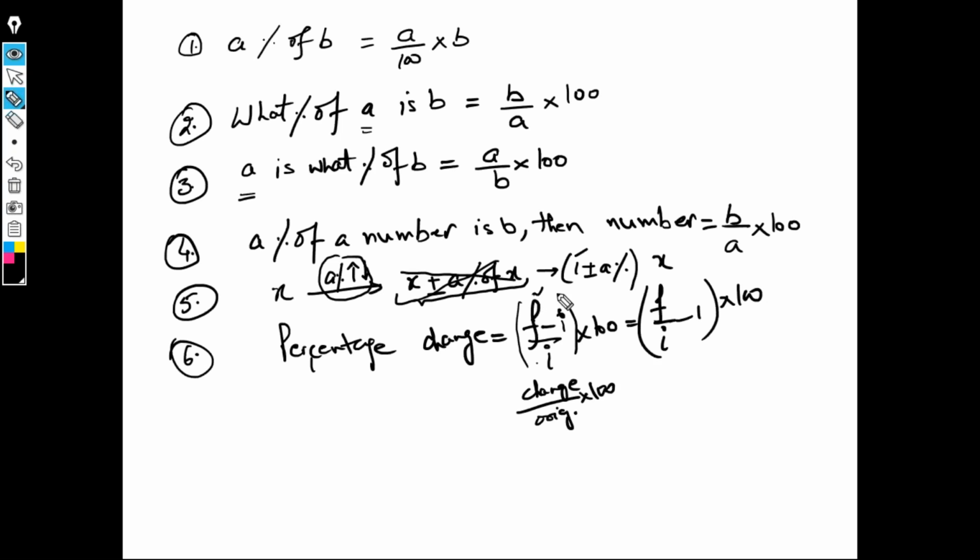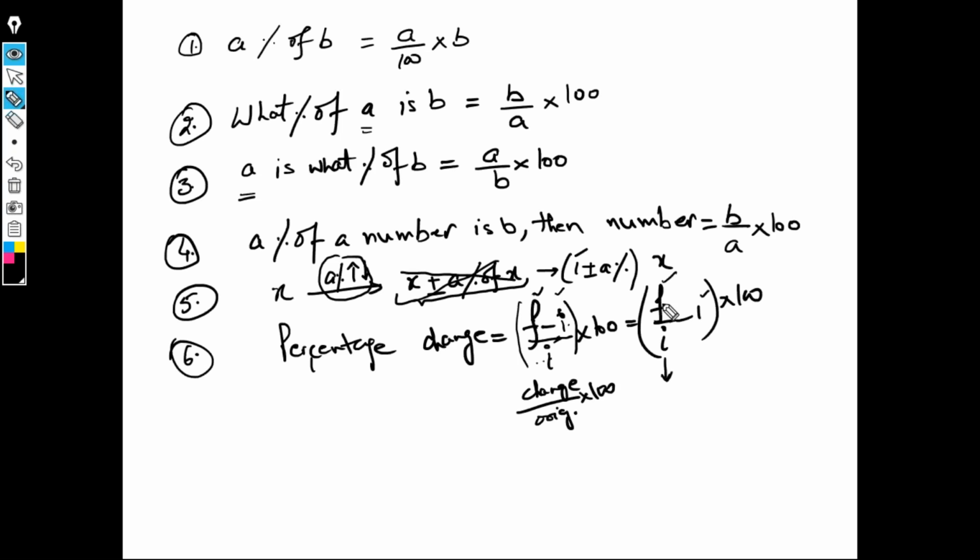Like if I separate both the values, so F upon I minus it is I upon I. So I upon I will be equivalent to 1. So please always keep in your mind that in order to make your calculation easier, we also focus on using this relation wherein the ratio among final and initial value is there.